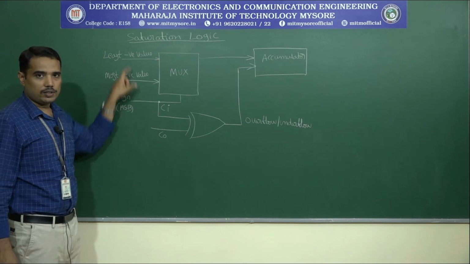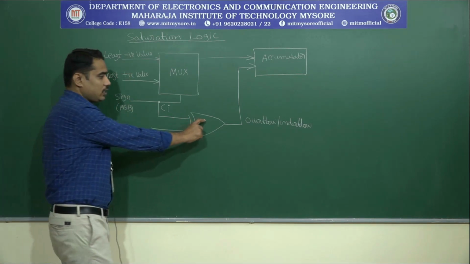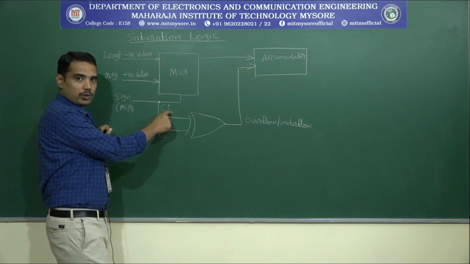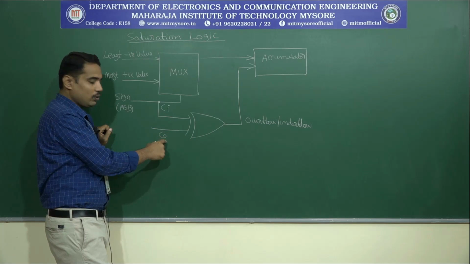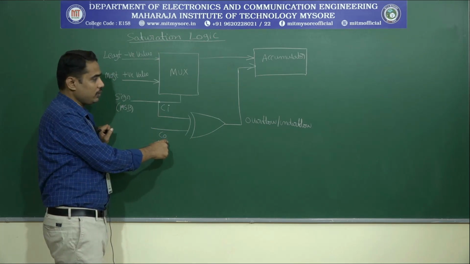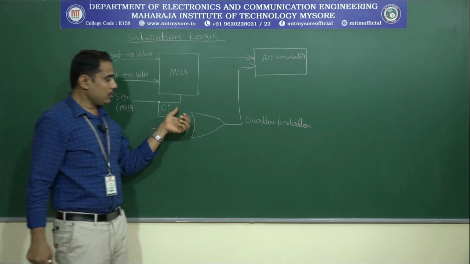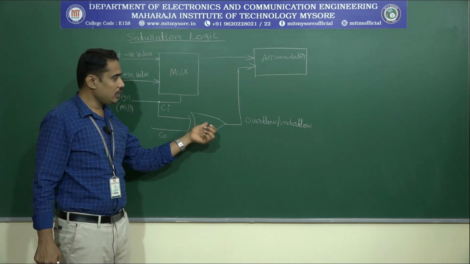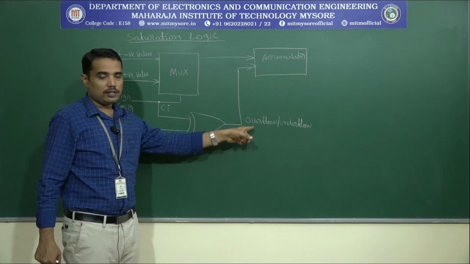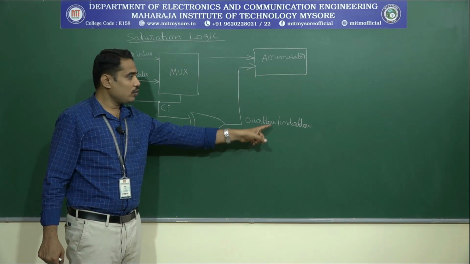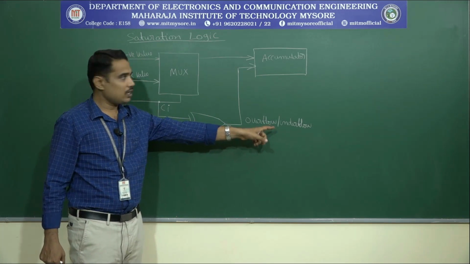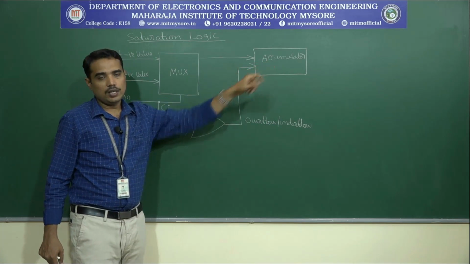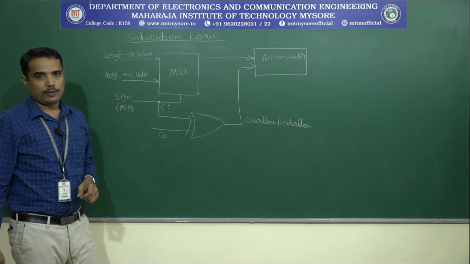Along with these two inputs, the XOR gate has two inputs: one is the carry input to the MSB and the other is Cout, the carry out of the MSB. These two inputs are given to the XOR gate. If the XOR gate output is 1, it indicates that overflow or underflow has occurred, and then we can load the value according to the accumulator.